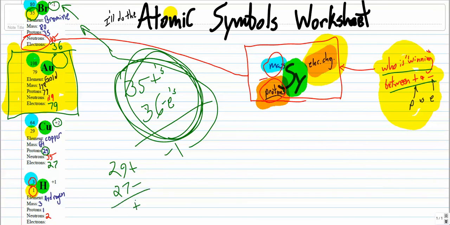That winds up being a +2, so we know we did that right. The last one, this hydrogen atom here, positive is winning by 1, and you've only got 1 plus. If you've got 1 plus and you've got one more plus than minus, that means this hydrogen ion must have no electrons, so it's got 0.